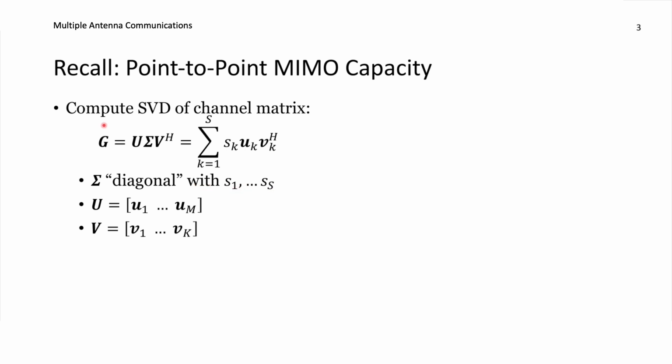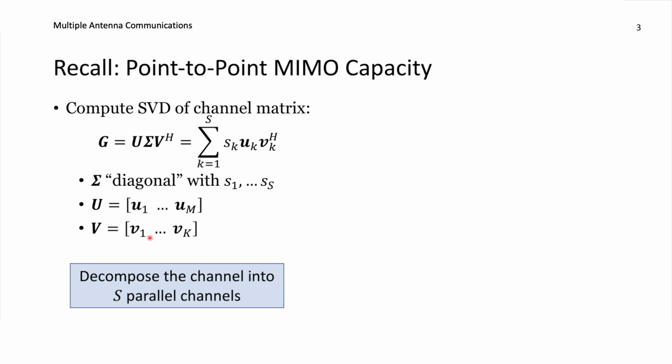Using this notation, we can also write the channel matrix G as a summation over the capital S different singular values that are non-zero. For each one we have the singular value, one of the columns in U and one of the columns in V. This is how we are decomposing our channel into S parallel channels, each being represented by one of the different terms in the summation here.